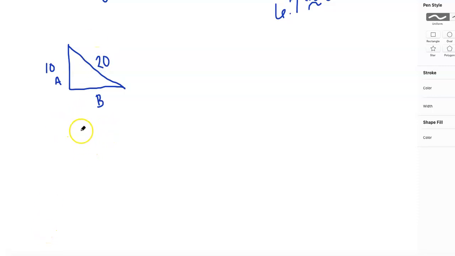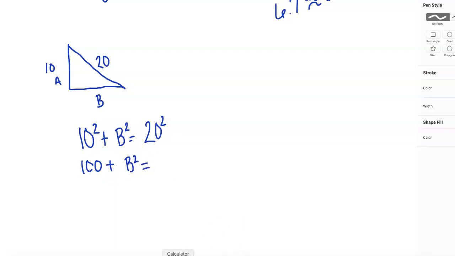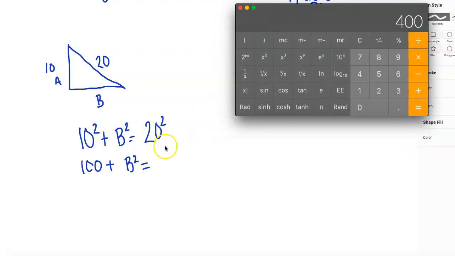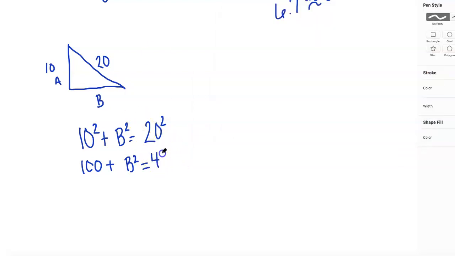Same equation: A squared plus B squared equals C squared. 10 times 10 is 100 plus B squared. 20 times 20, again, if you don't know it, get your calculator out, hit 20 and your x squared, and it tells you it's 400. You can use your calculator for any part of this, guys. In fact, you should be using your calculator for part of this.